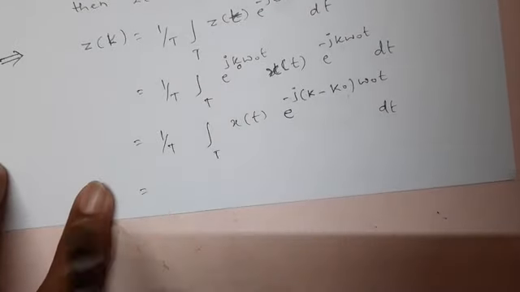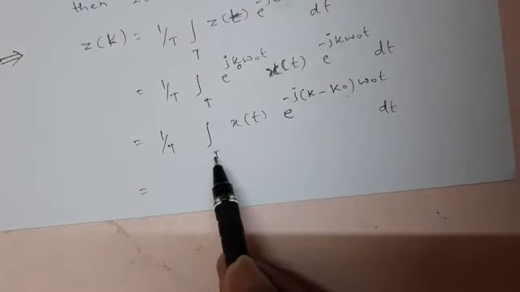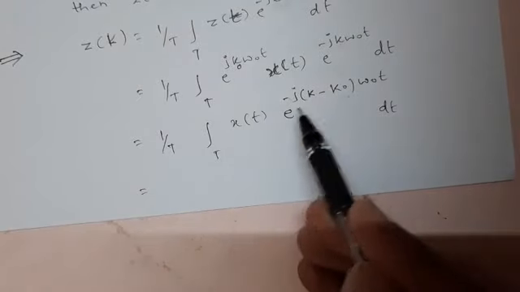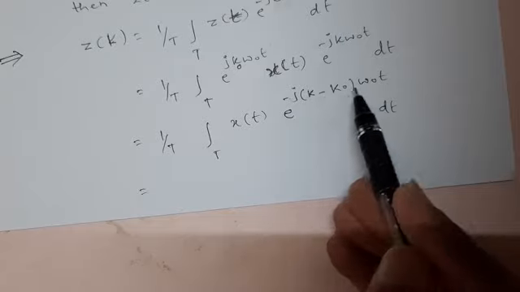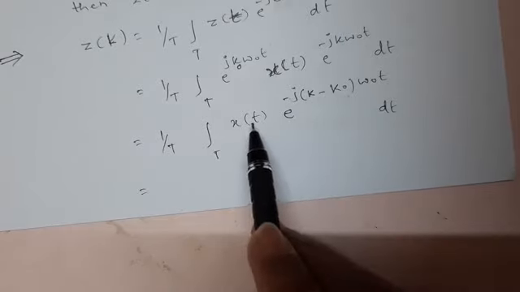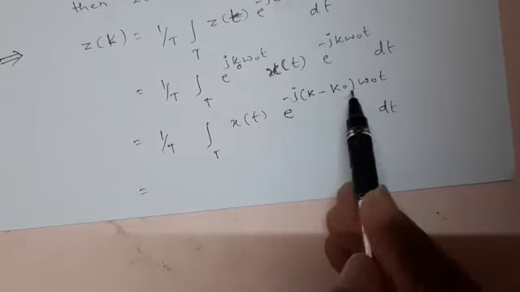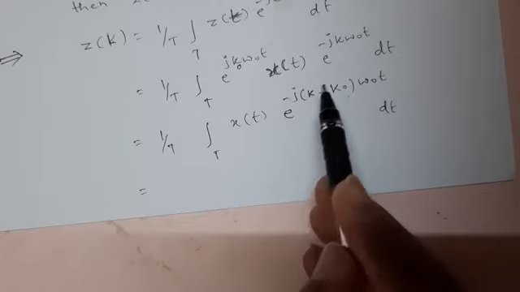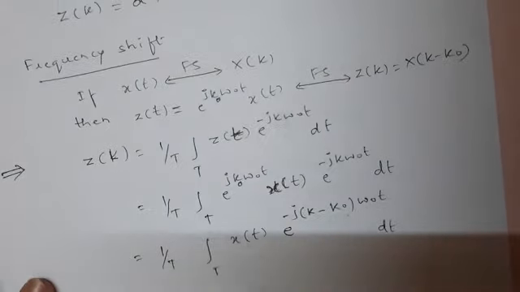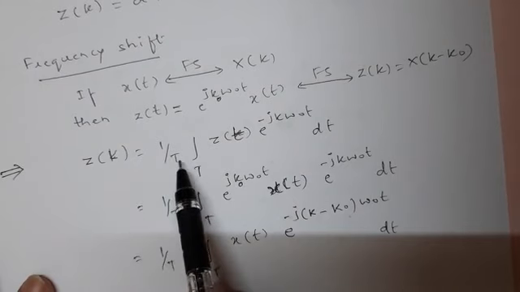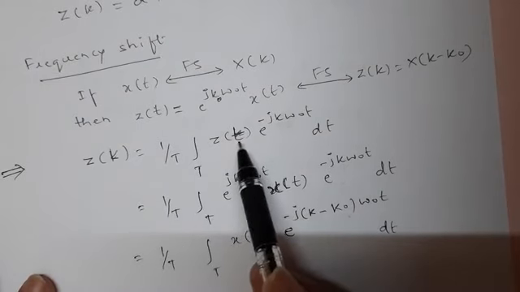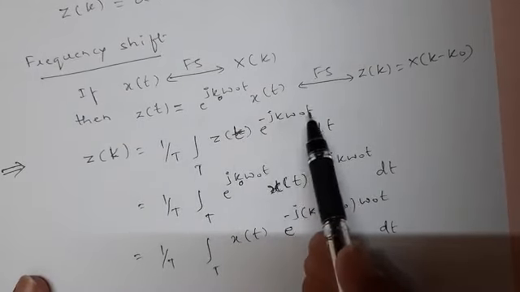Which is 1 by T integration over T x of t e to the power minus j k minus k naught omega naught t dt. If it is just x of t e to the power minus j k omega naught t, it is X of k. What is your equation? Z of k is 1 by T integration over T z of t e to the power minus j k omega naught t.